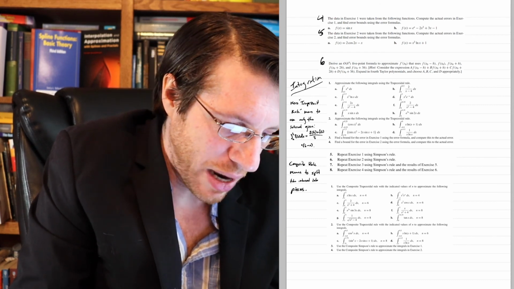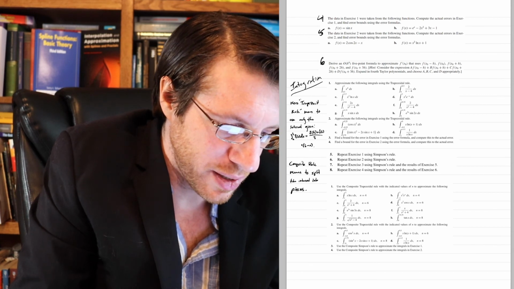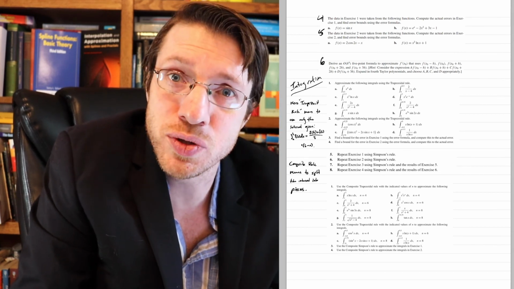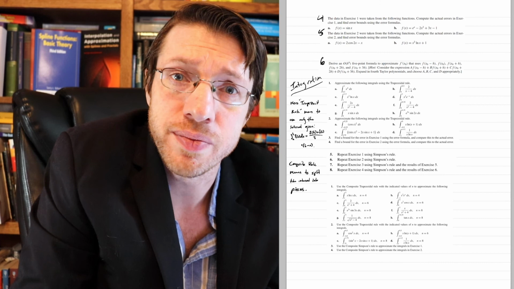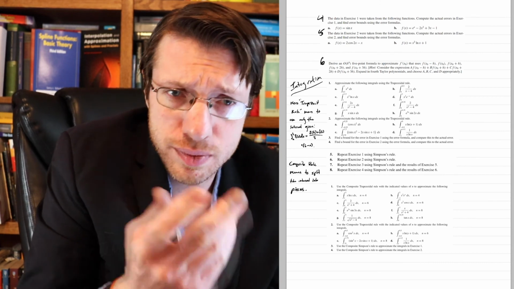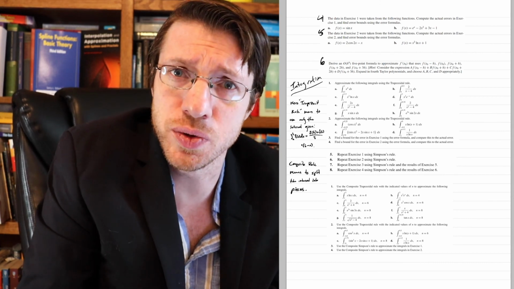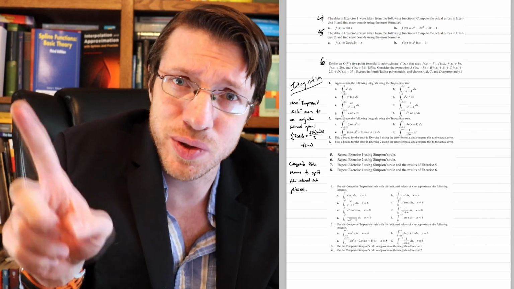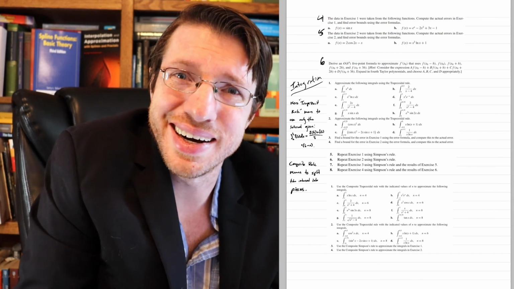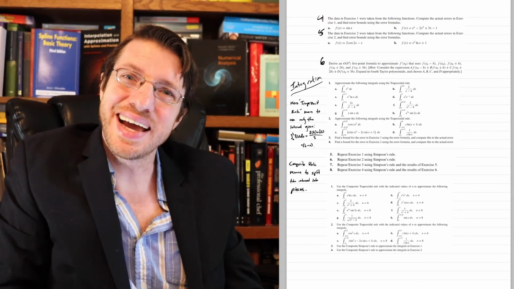That's Simpson's rule. Now the next part: the book distinguished between the trapezoid rule and the composite trapezoid rule. They say the trapezoid rule is just when you use the entire interval and take that average and multiply by h.